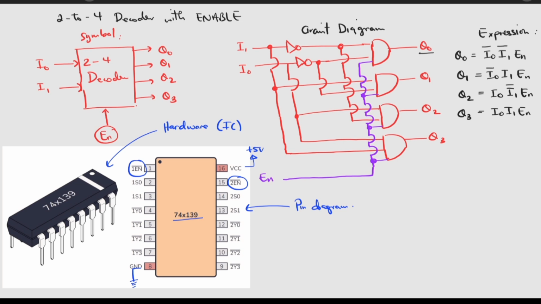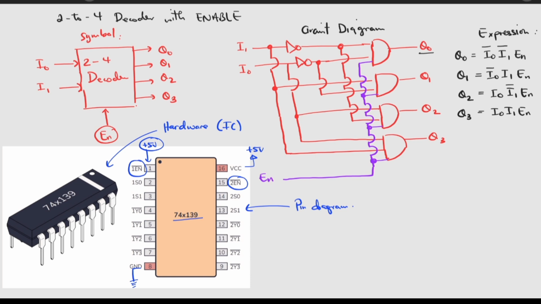And when you are connecting this, if you apply 0 at both the enables, this particular 2 to 4 decoder IC will be disabled. And if we want to use only one 2 to 4 decoder, we can apply a positive 5 volts or a logic 1 to this enable pin 1.